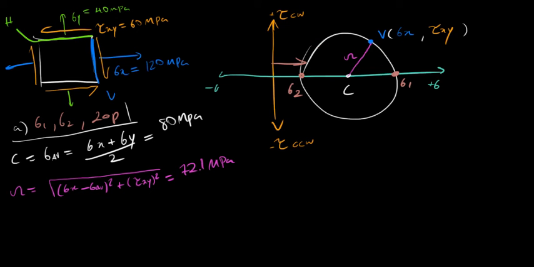Now we also need to find 2 theta p, which is that angle. So how do we find 2 theta p? Well, trigonometry again. So we got our circle, or our triangle.